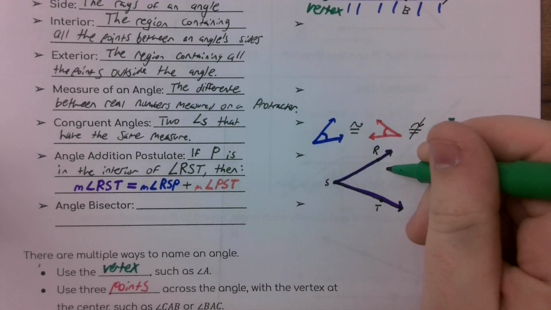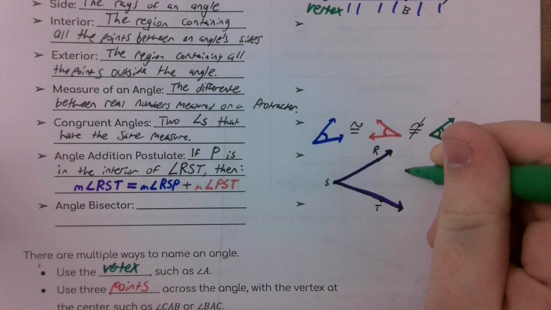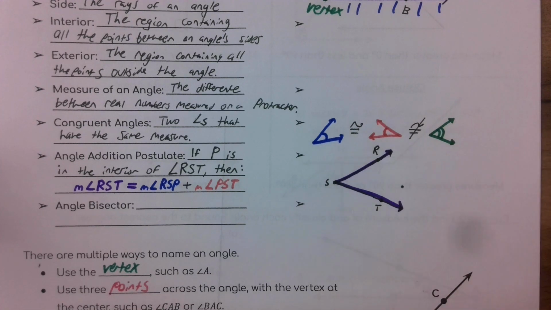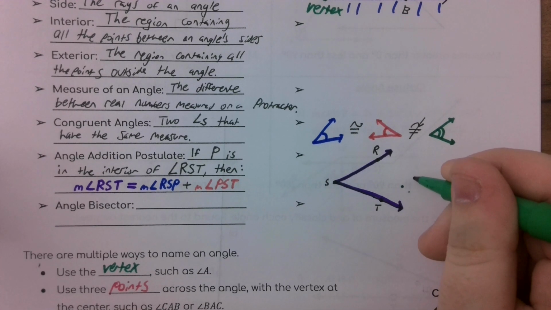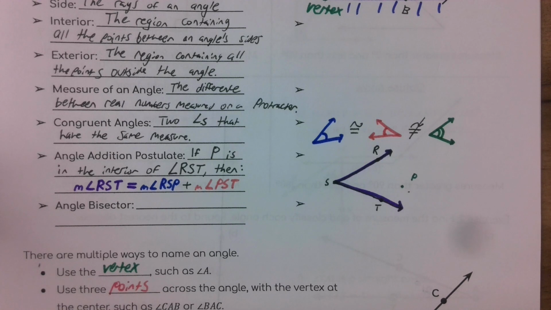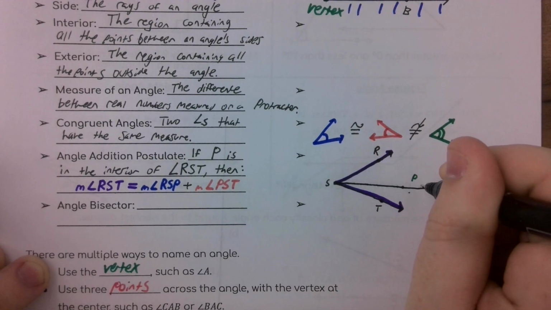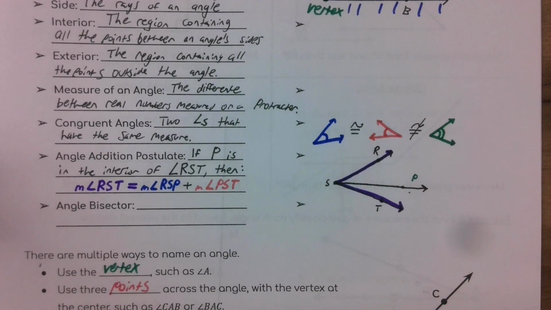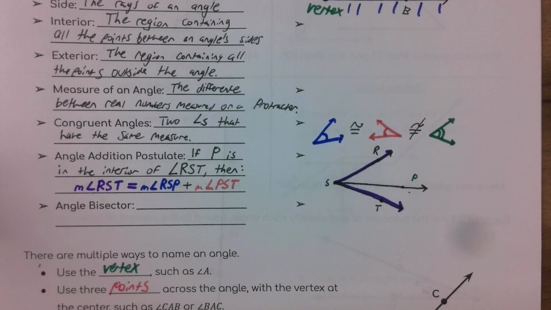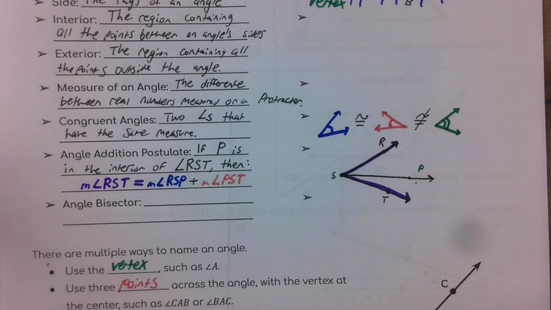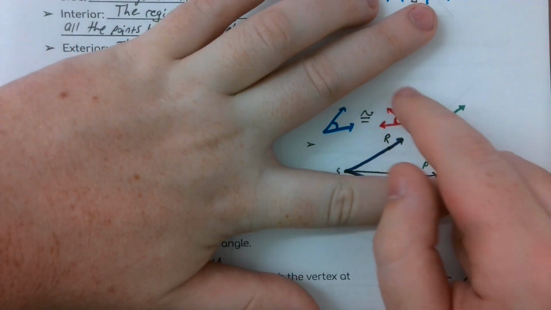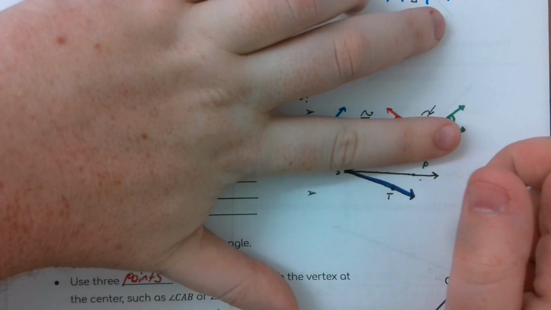We add a point P somewhere on the interior. I'm going to put it right here. This is going to be point P. The idea, folks, is this. If I connect S to P, making another ray, what I've just done is I've split my angle into two different angles. We still have our big angle, RST. We have this top angle, RSP, and then we have this bottom angle, PST.